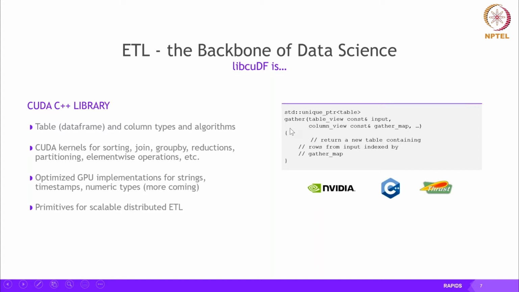This gather function is the one which will do a kind of reduction operation on the columnar data that you have. So there are various other kinds of functions as well, and there are options to also scale them across multiple GPUs.